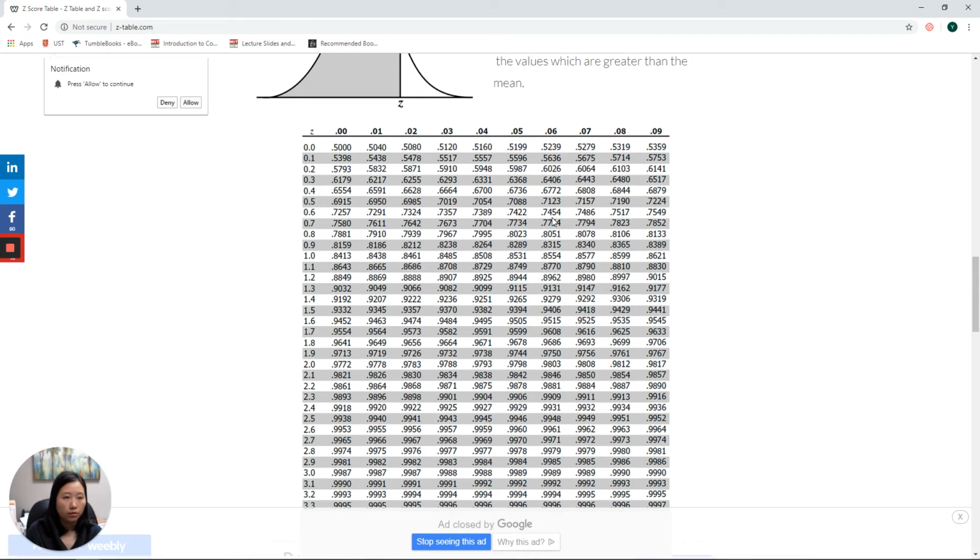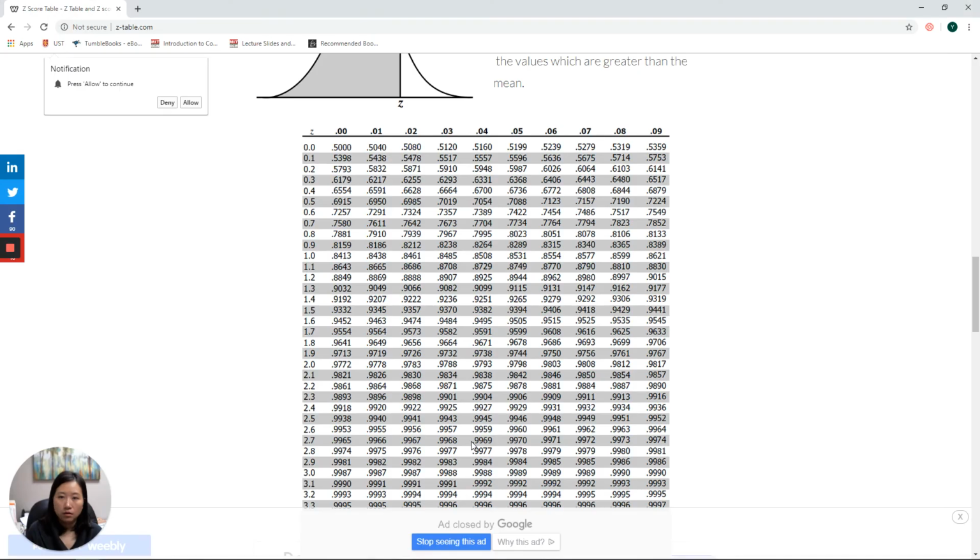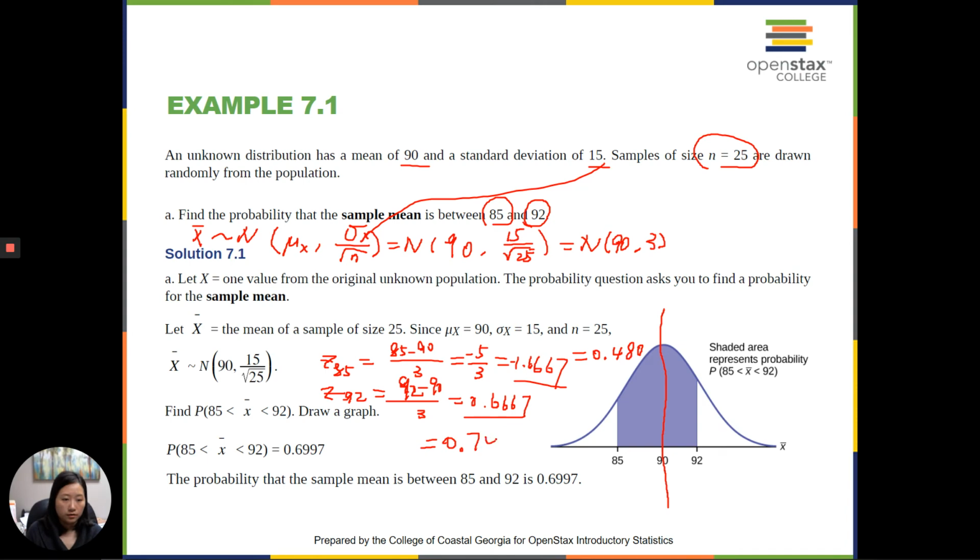So somewhere between here, 0.7454 and 0.7486, so somewhere in between, let's say 0.7470, approximately.